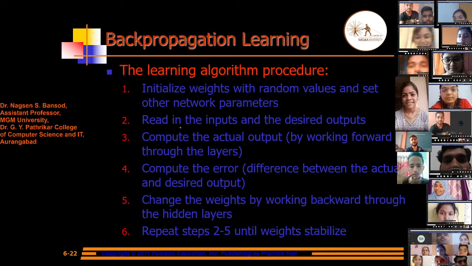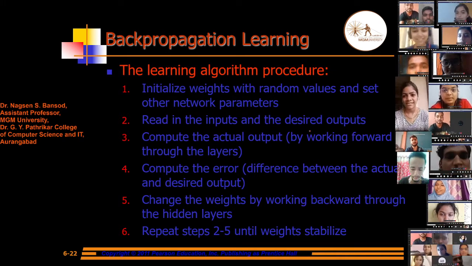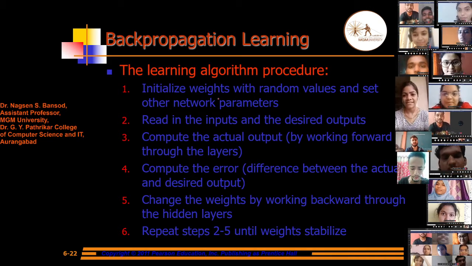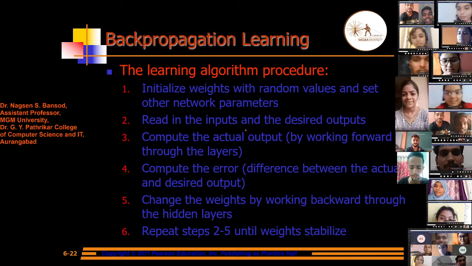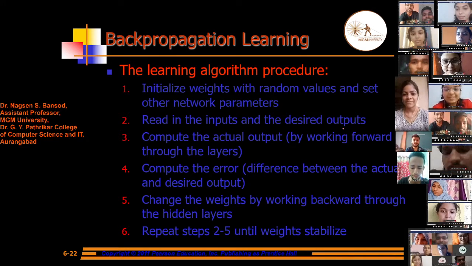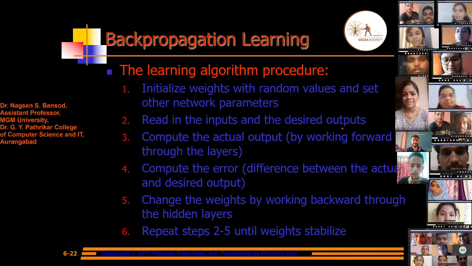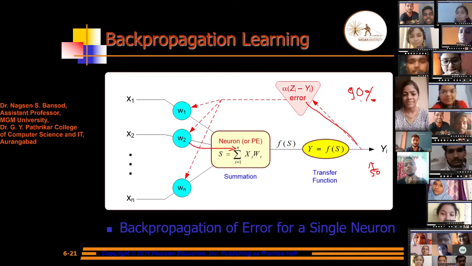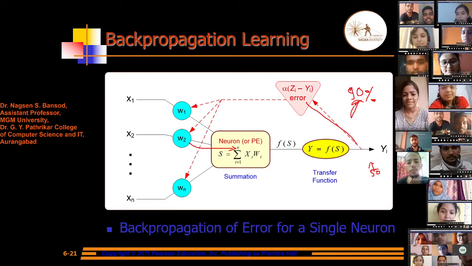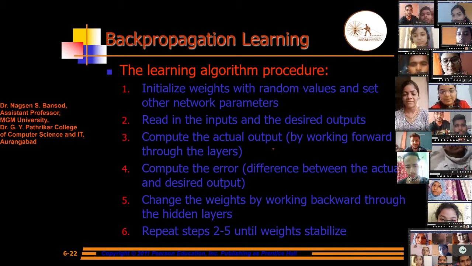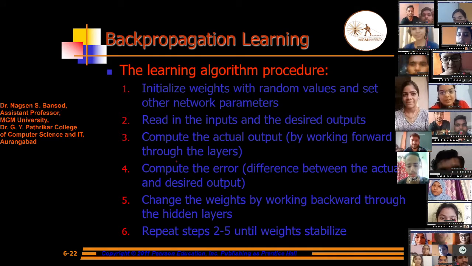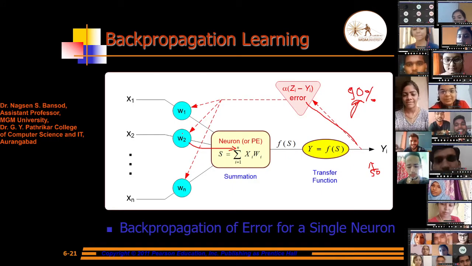Read in the input and the desired output. After this we will read in the input and desired output; 90% is our desired output. We require 90%. Then compute the actual output by working forward through the layers.